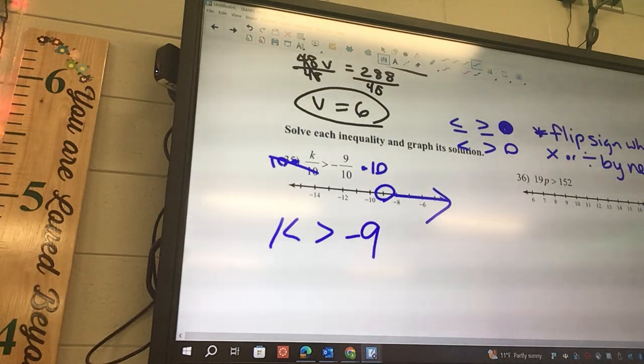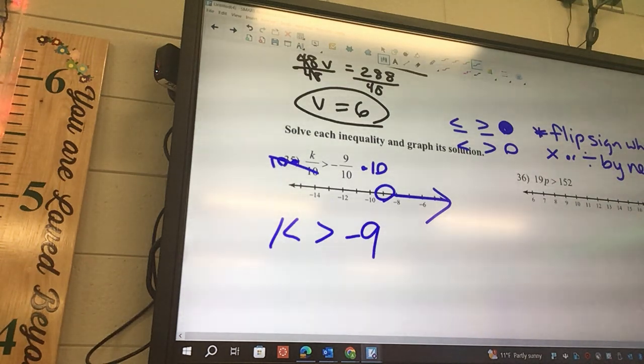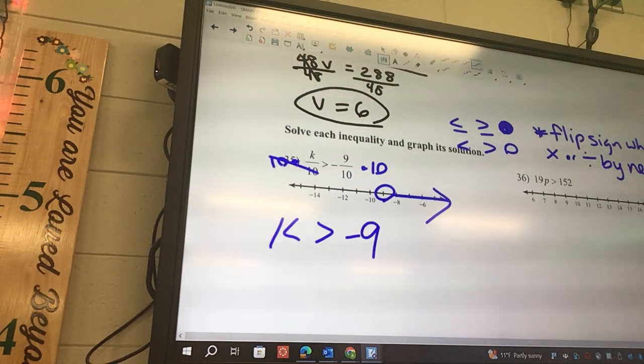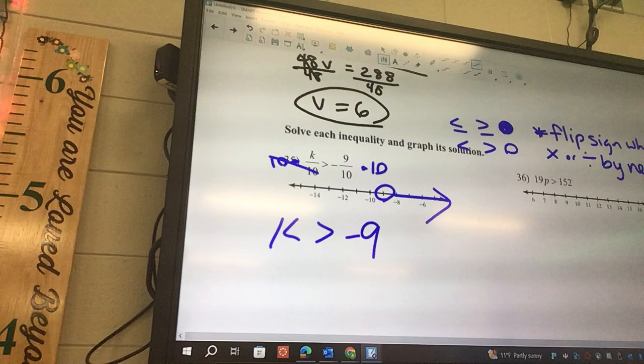Negative 9 over 10 times 10 is negative 9. Oh, I thought we were supposed to multiply that.